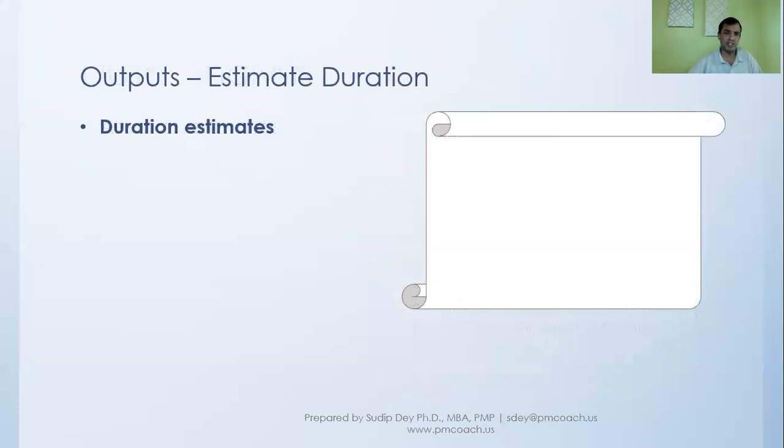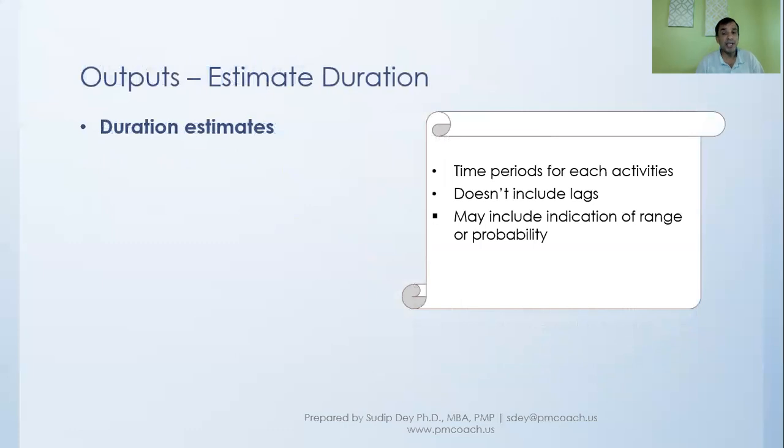As a result of this, we are getting outputs. The output that we get out of estimate duration is duration estimates. Now, duration estimates is really, as we talked about, time periods for each activity, but it will not include lag. We are not talking about lag, because lag and all will apply later on when we are developing the schedule.